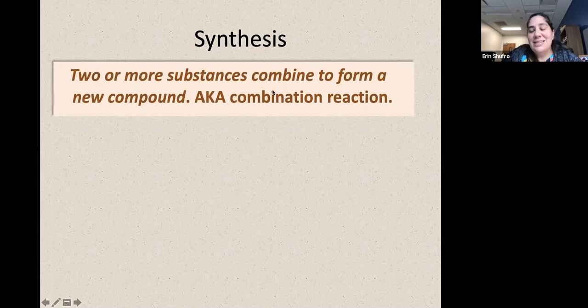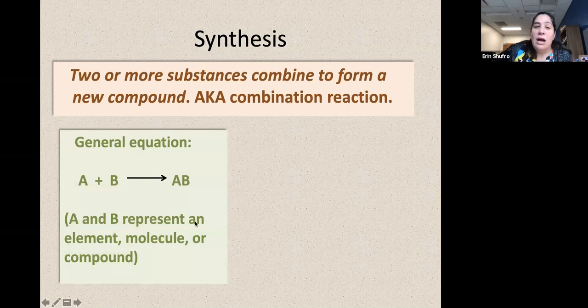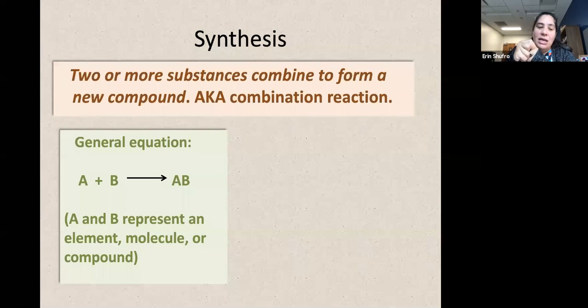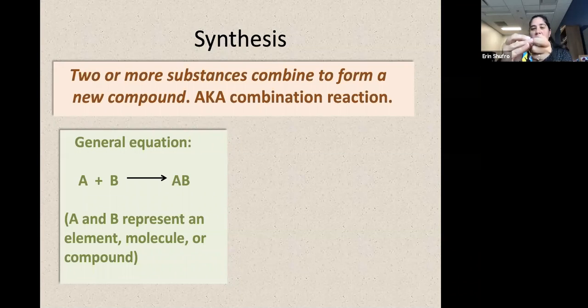So this is what the general equation looks like: substance A plus substance B join together to form a new substance, where A and B could be an element, molecule, or compound. So you have 2 things coming together to form one thing, on the other side of the arrow.